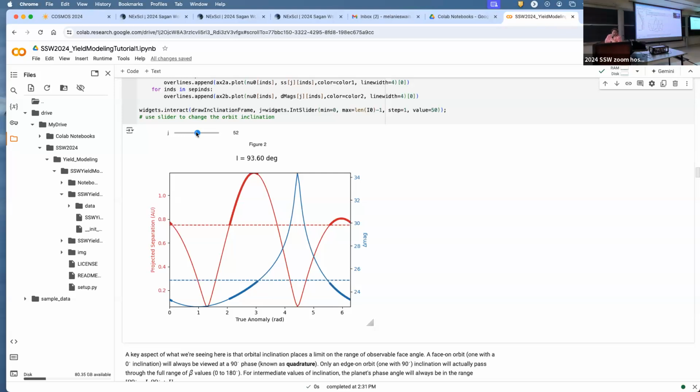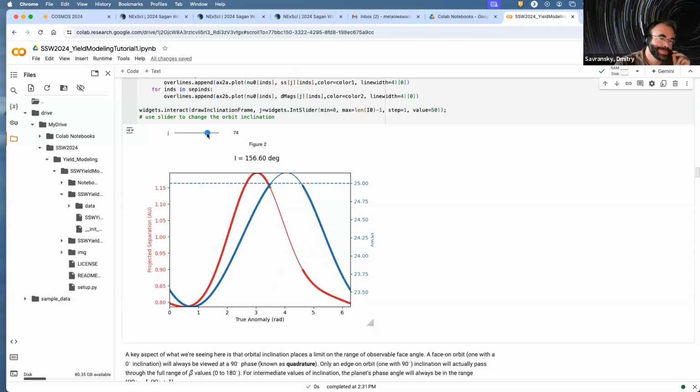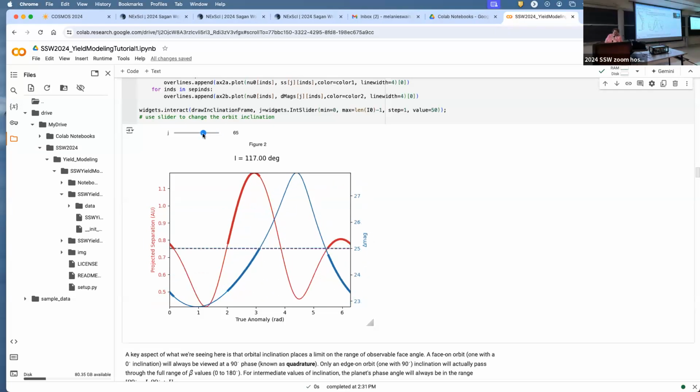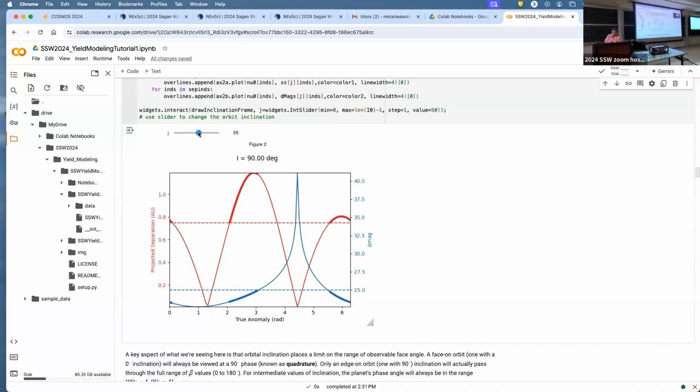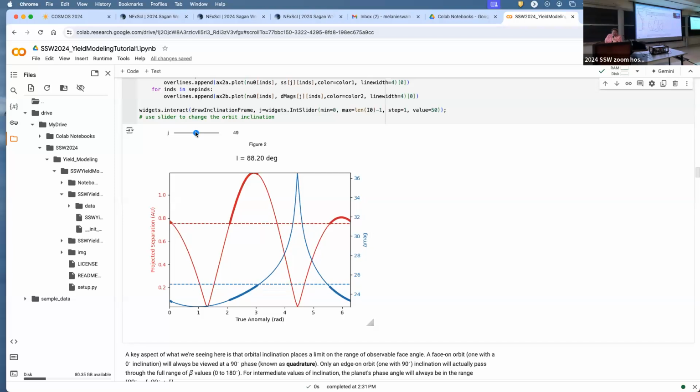How come the inclination slider only goes to 100? Because I ran out of time and didn't make the slider actually represent the right number. Okay. I'm sorry, that wasn't really a why. That was, is this what I'm observing? All right. I'm trying to find 90. There's a lag here.